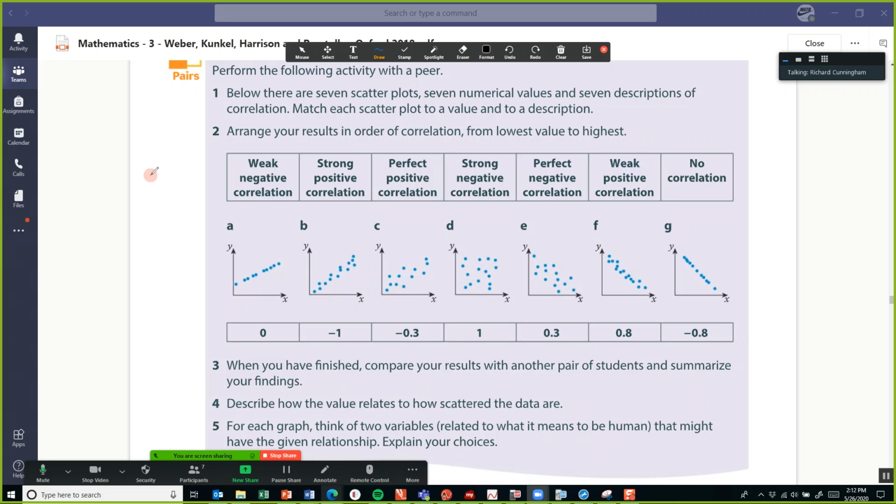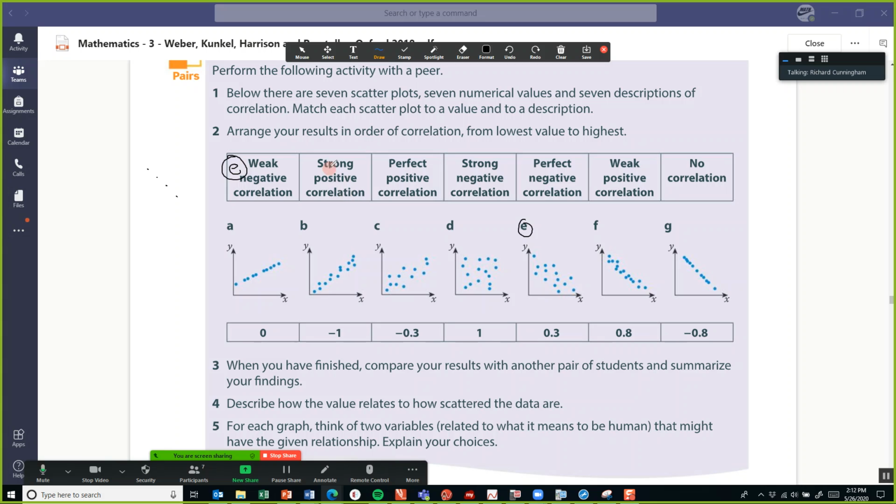If it's negative though, the dots have to go down. So it could be E, F, or G. Now which one of these is the strongest? G is, because they all look like they're in a straight line. We want the weakest one. Which one would be the weakest? I think Ryan said it. Yeah, E. Good. So this one would be E.